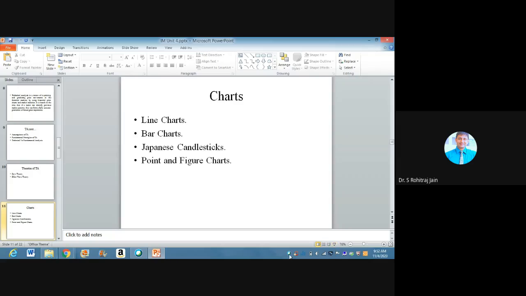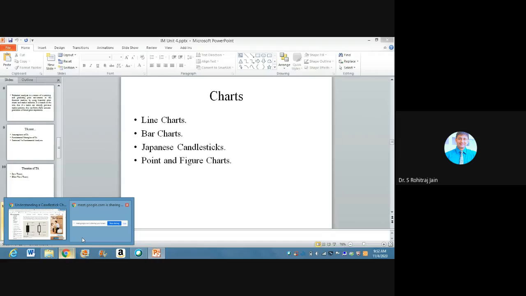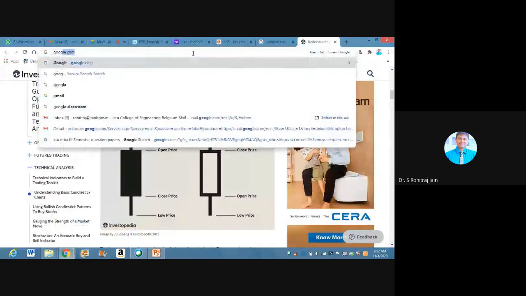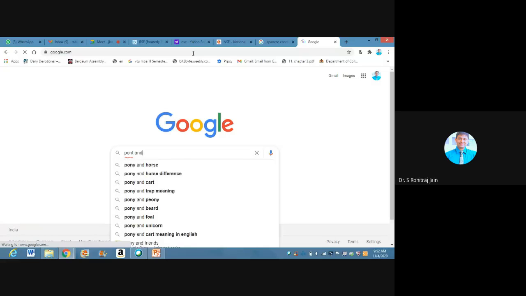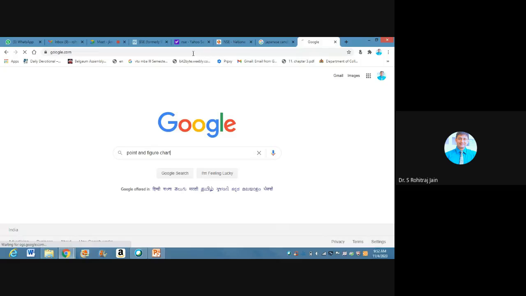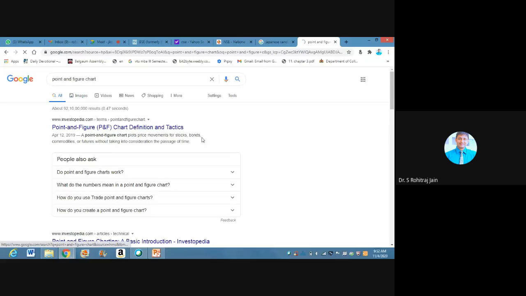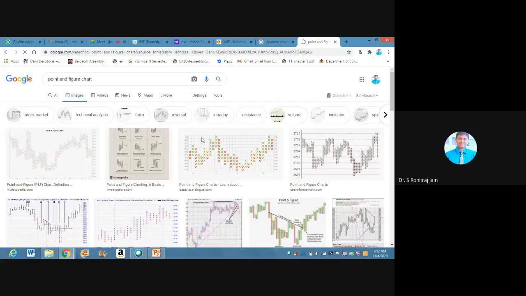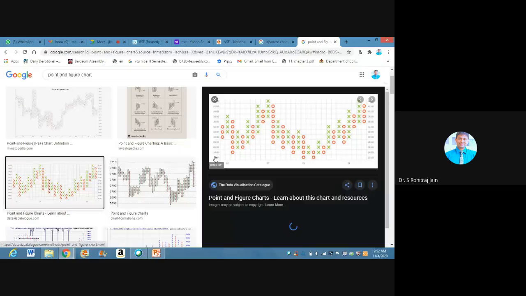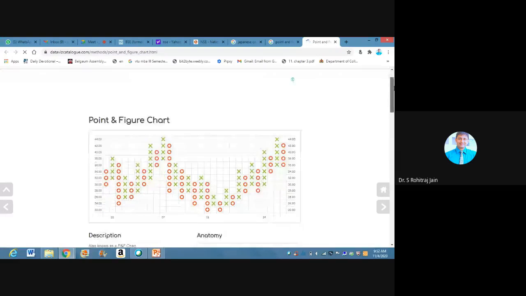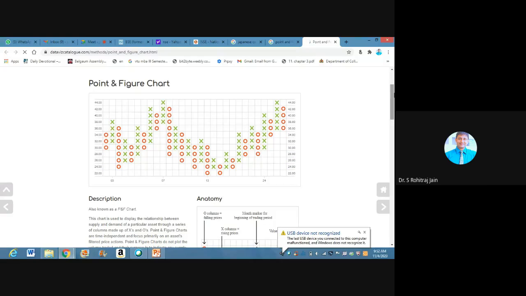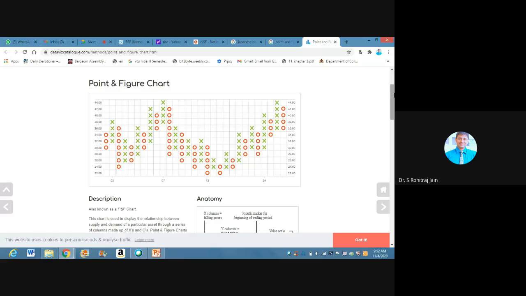Let me show you the point and figure chart so that you will get an idea. You can see here, in case of point and figure chart, it is more complex than a bar chart.